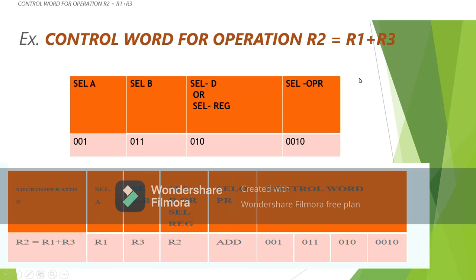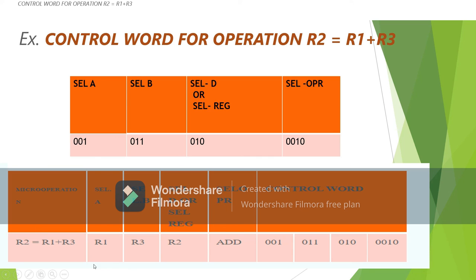And the arithmetic operation to be performed is the addition, and for that the code is 0010. Okay, so we need to provide this code to the CPU, then it will understand that first operand is R1, second operand is in R3, and the result is to be stored in R2.